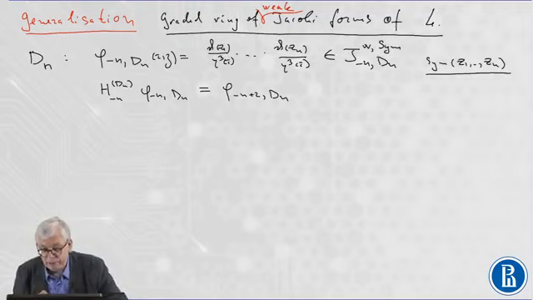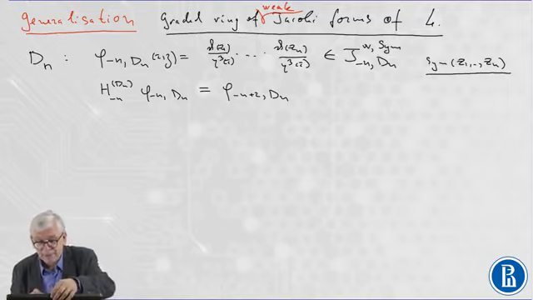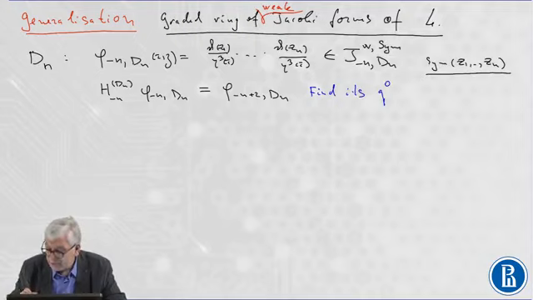It's again a symmetric weak Jacobi form, but its weight is minus n plus 2. Please find its q^0 Fourier coefficient.